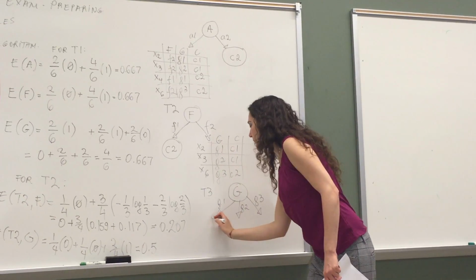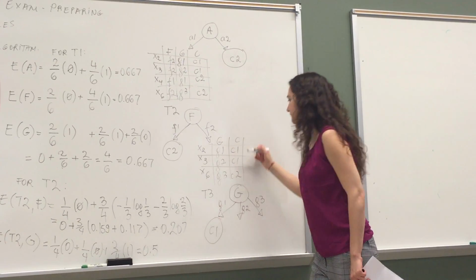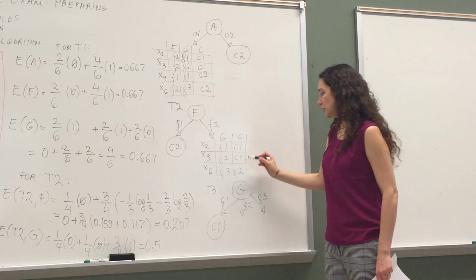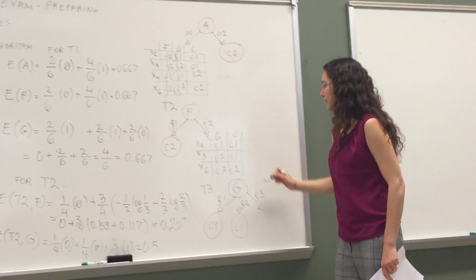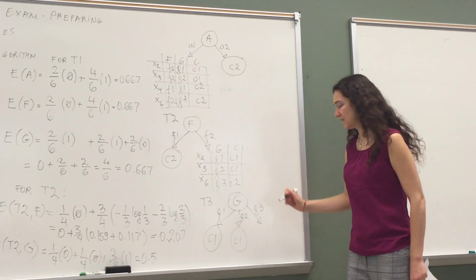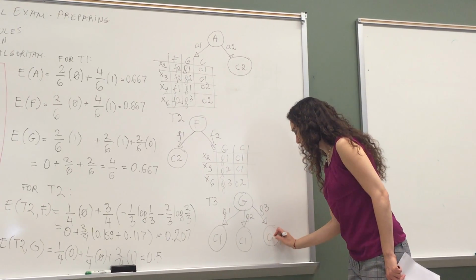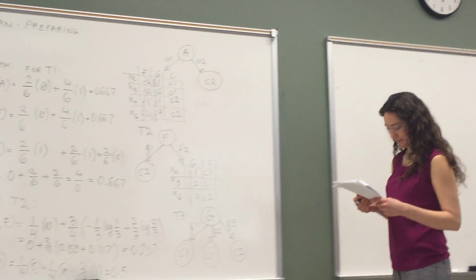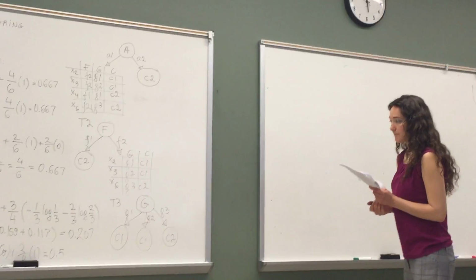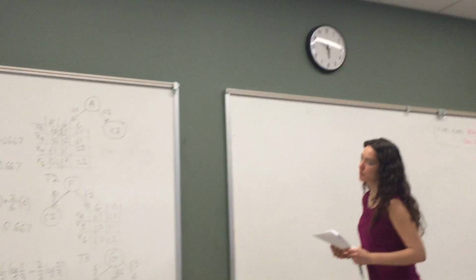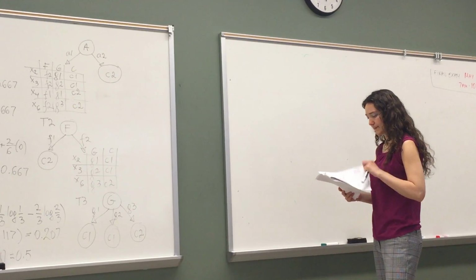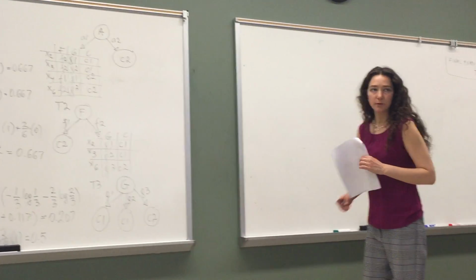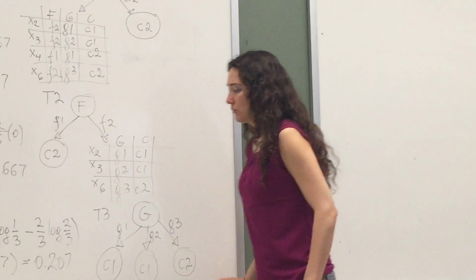For G1, we will have C1. For G2, we will have C1. And for G3, we will have C2. So this is how our tree looks. We have created the tree now.